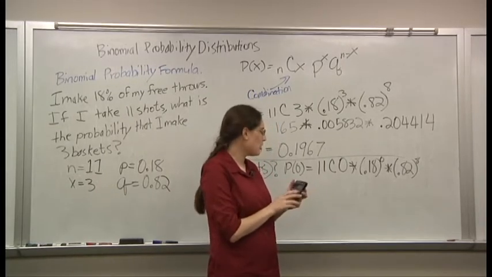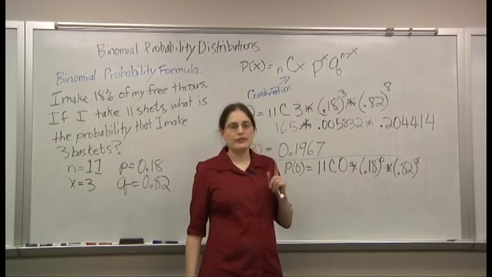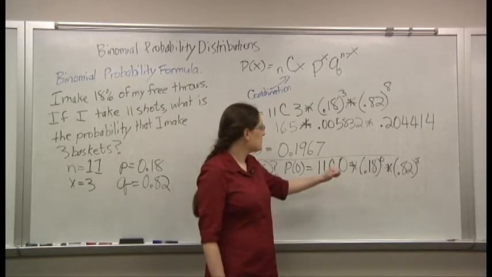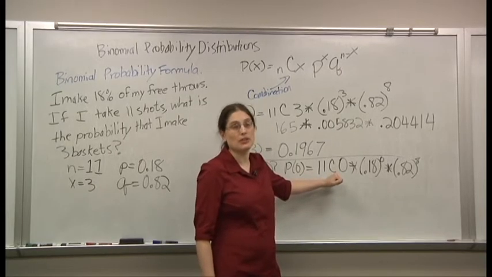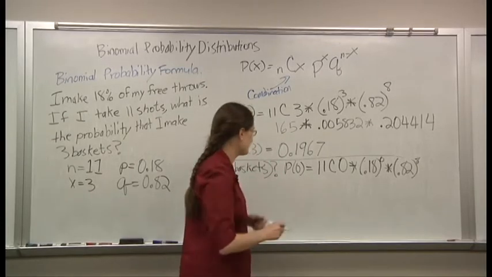11 choose 0. Anything choose 0 is defined to be 1. Why? Because then this formula works properly, and a whole bunch of other formulas that rely on it.